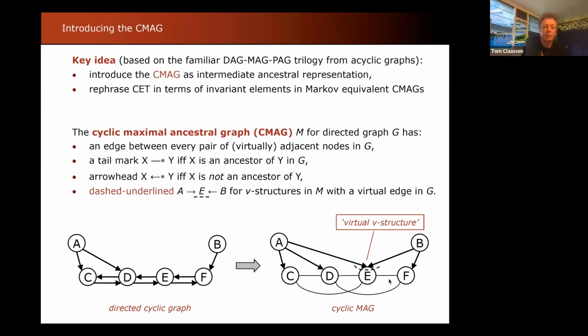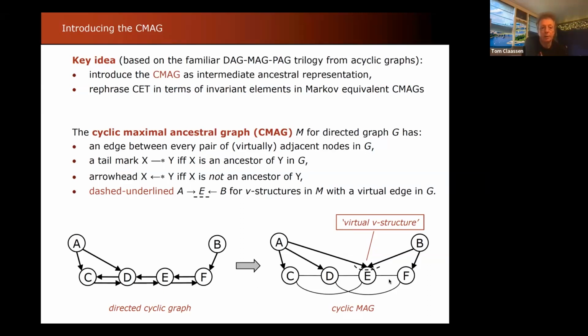So we define the cyclic maximal ancestral graph, which intuitively corresponds to the standard MAG. Given a graph G, you can construct the CMAG. You put an edge if there's a virtual adjacency or edge in the original graph.